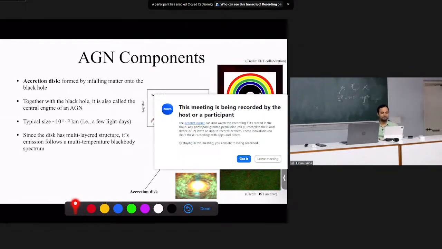Now I told you this disk has a multi-layered structure, meaning different layers have different temperatures. Every layer is emitting like a black body. So overall, the accretion disk will emit radiation of a multi-temperature black body. Some layer will have some temperature, with corresponding black body emission.